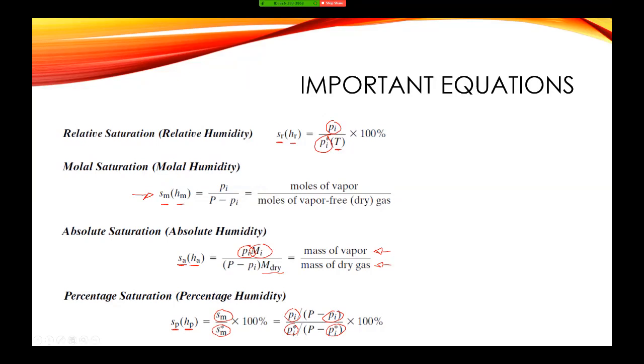These equations are important because many times in a system we can measure a property in one way and not in another, so we have different ways of relating these variables.